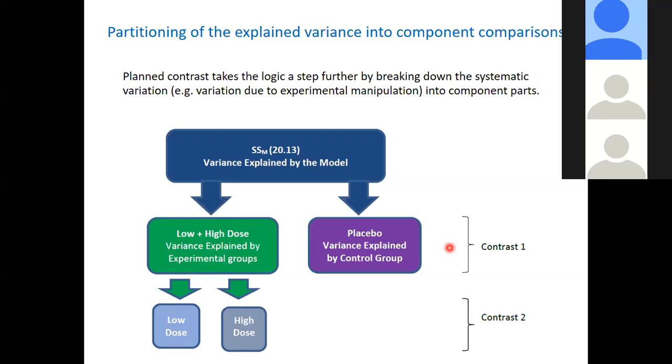The first step will be contrast 1, comparison 1. The second step will be contrast 2, comparison 2. So the implication is that when you have 3 groups, you can only do 2 contrasts. If you have 4 groups, you can only do 3 contrasts. If you have 5 groups, you do 4 contrasts.